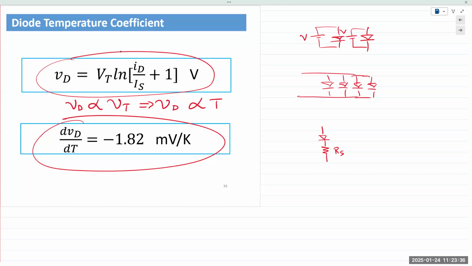So as the temperature increases, what happens to the covalent bonds? The electrons acquire more energy from the temperature, so they break free from their bonds, so more carriers are generated. Now, in the p-n junction, there are more carriers generated due to the breaking of covalent bonds, and so your current increases slightly.